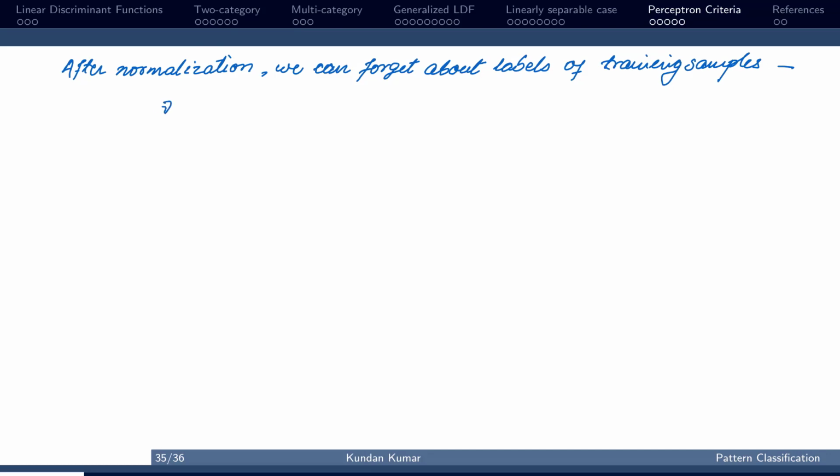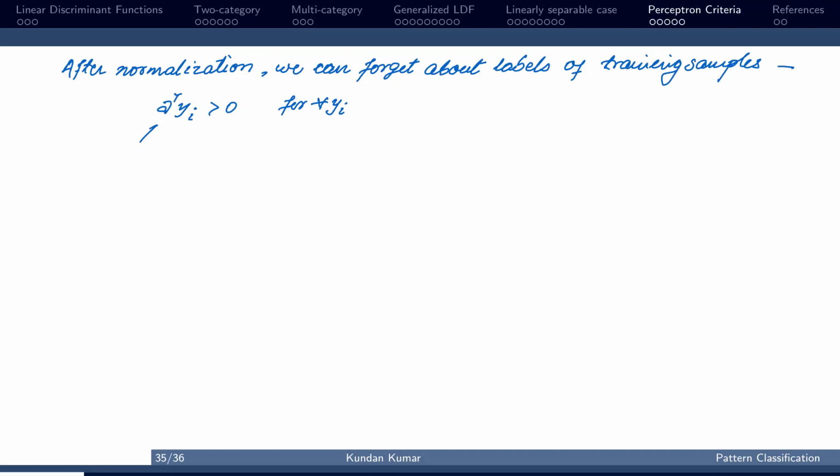That means A transpose yi is greater than 0 for all yi. Now we are not considering any class label.